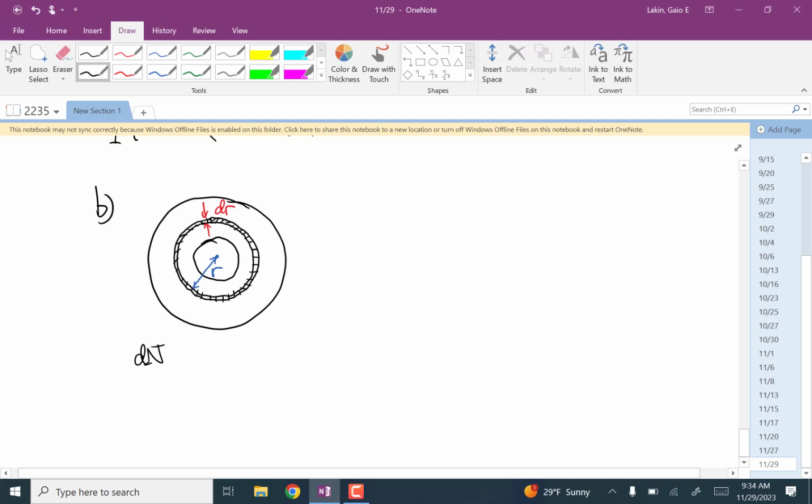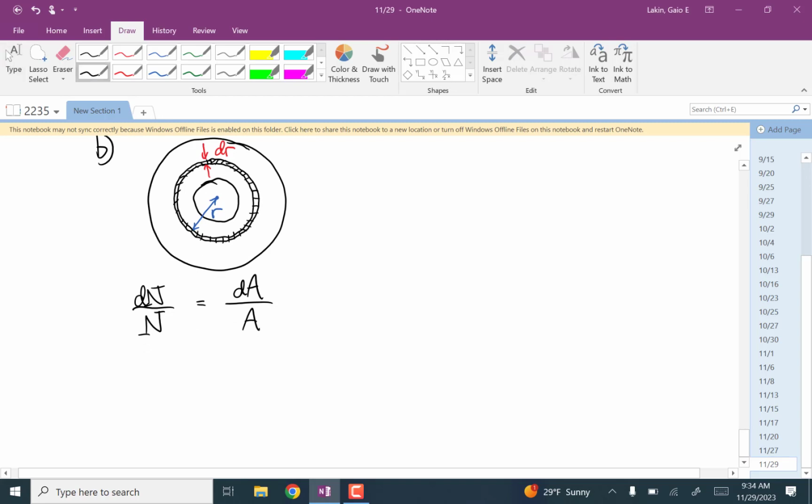The normal force on that infinitesimal ring over the total normal force is equal to the area of that infinitesimal ring divided by the total area. So dN is equal to N over A dA.